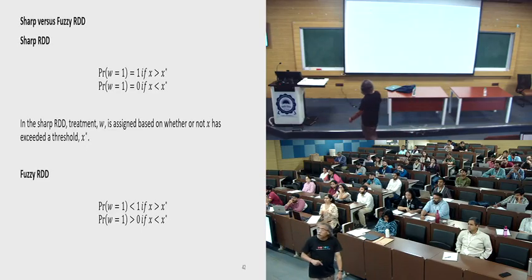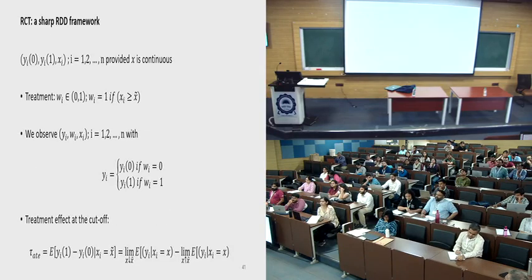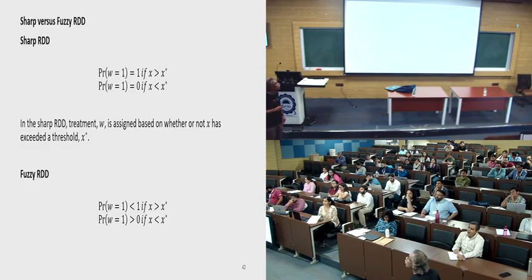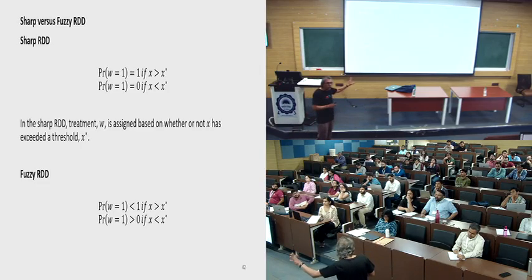Given this, what is the difference between sharp and the fuzzy? All you want to do is change the deterministic one to a probabilistic one. I am taking the probability that the treatment takes the value of 1 when x is greater than x star, and it would take the value of 0 when x is less than x star, but both in a probabilistic sense.